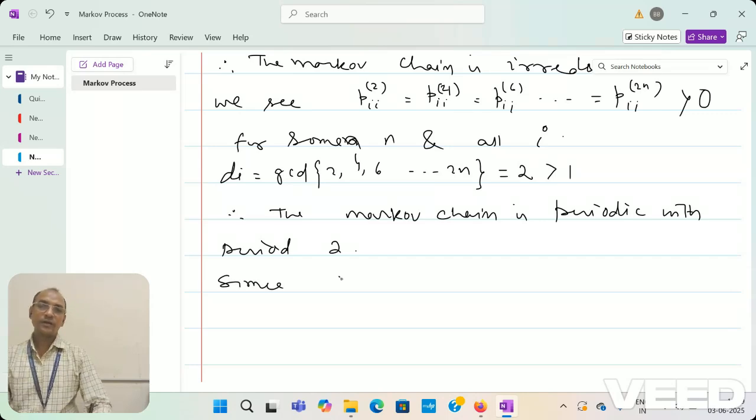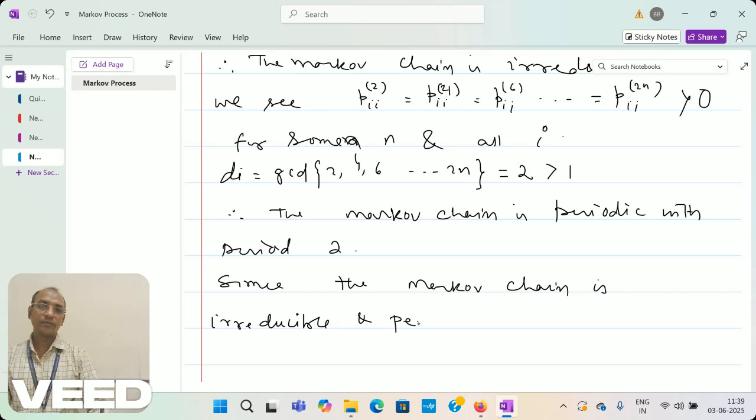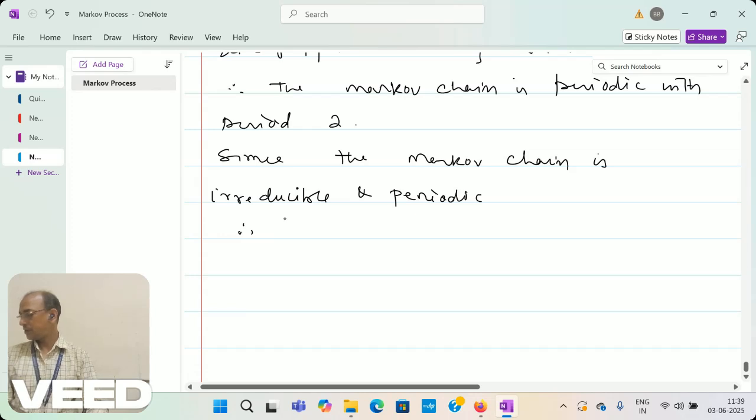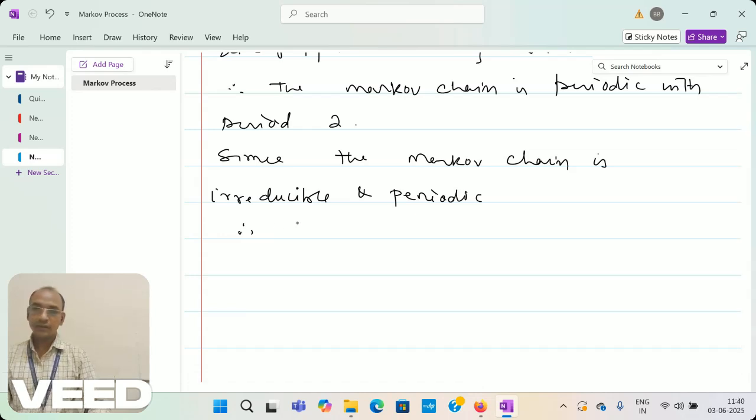Since the Markov chain is irreducible and periodic, therefore it is non-null persistent. All states are non-null persistent.